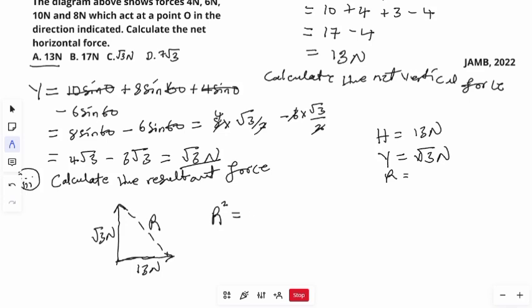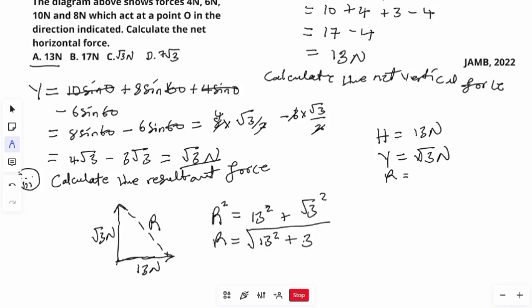So you have here 13 squared plus square root of 3 all squared. So that your R will be square root of what? 13 squared plus root 3 squared. Root 3 squared is 3.